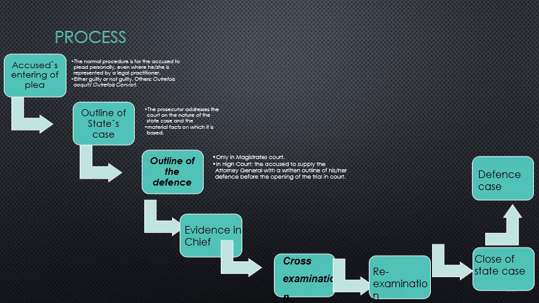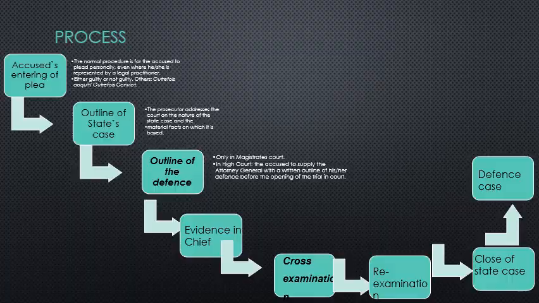And then when the state submits evidence in chief, the defense comes in and cross-examines the witnesses that are there. After cross-examining the witness, it is important to know the purpose of cross-examination is to try and destroy the state's case, right? You try and destroy the state's case as much as possible, and then in re-examination we're just trying to mend that case.